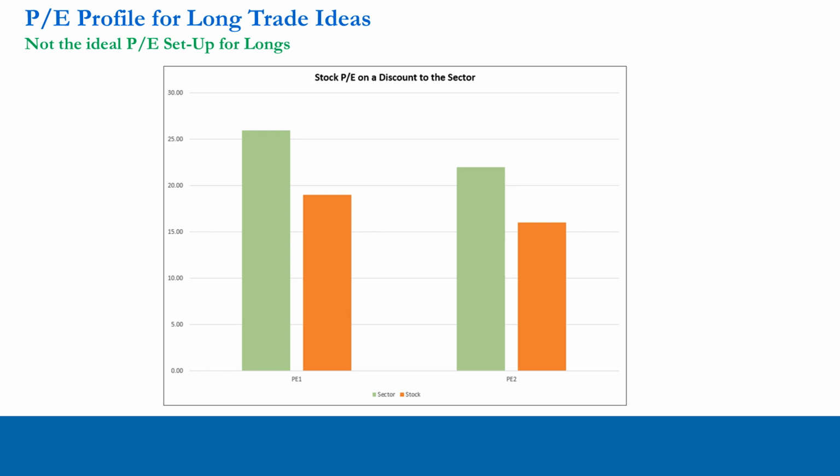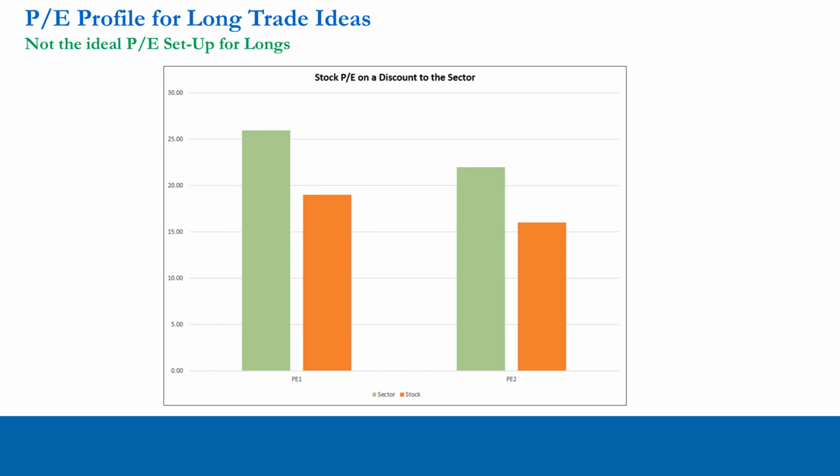Even though for both the stock and the sector in period 2, we're getting higher EPS, and we do have positive EPS overall. Even though this is the case, the market is telling us that they dislike the company. The valuation is on a discount to the sector.